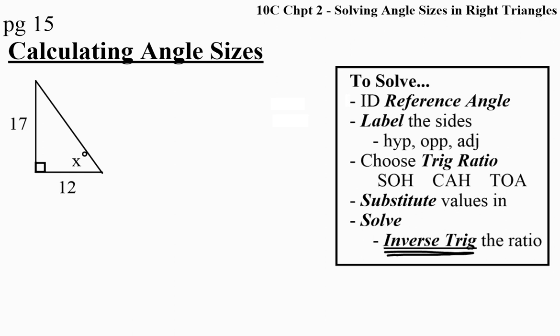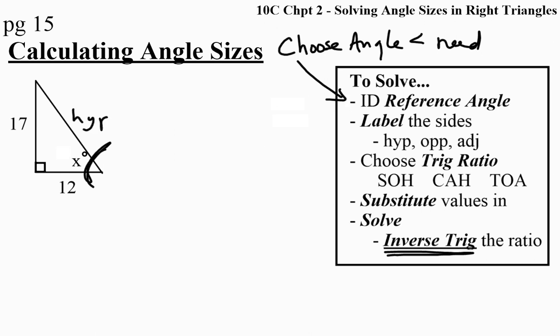Identify the reference angle. Still need to do it, but this time, if we're trying to find an angle, the reference angle is the angle you need. If I want to find angle X, let's use angle X for the reference angle. Label the sides. Opposite the 90 is the hypotenuse. Across from the reference angle is the opposite. That leaves us with adjacent. Choose the trig ratio.